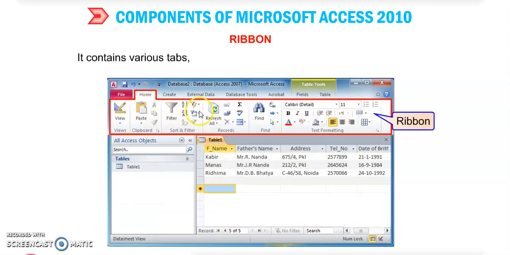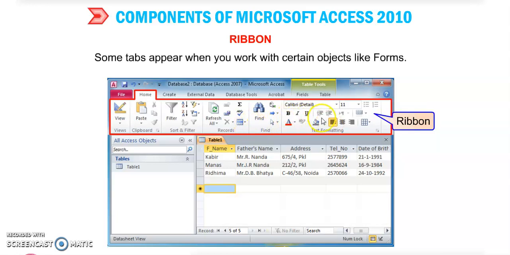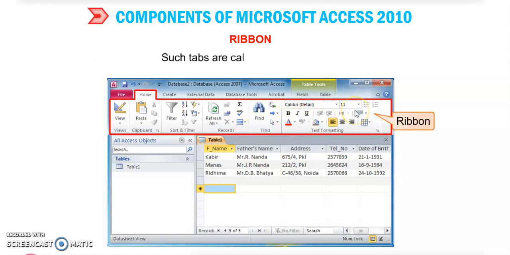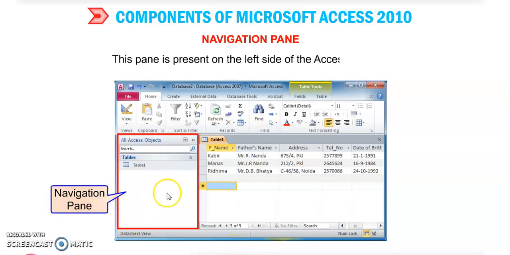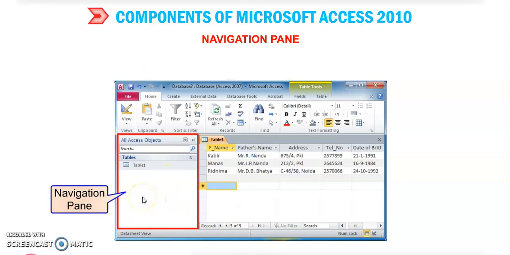Next is the ribbon. It contains various tabs, each with several groups of relevant commands. Some tabs appear when you work with certain objects like forms. Such tabs are called contextual tabs. Next is the navigation pane. This pane is present on the left side of the Access window.